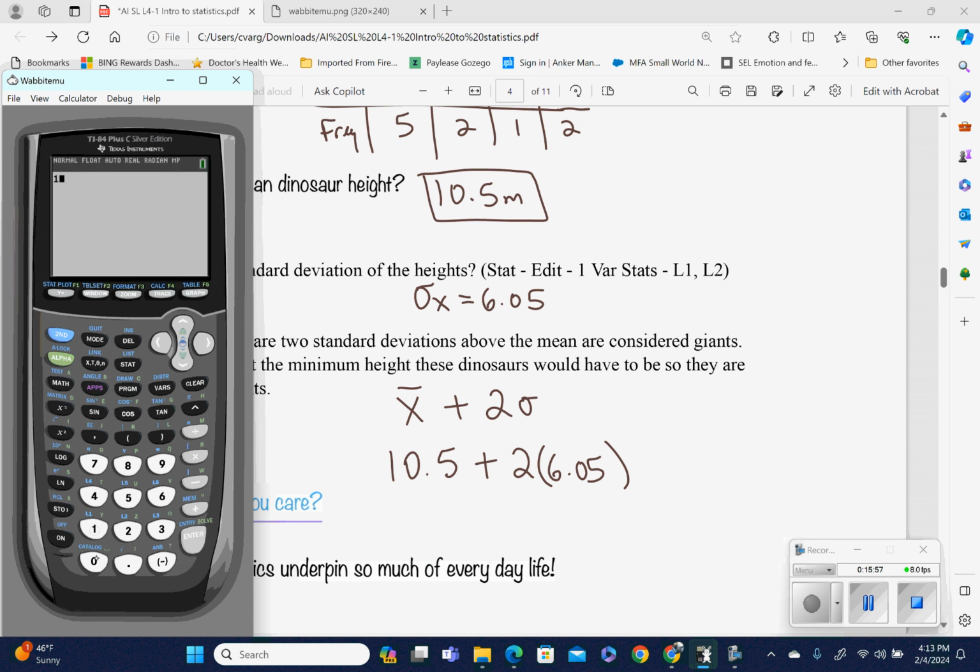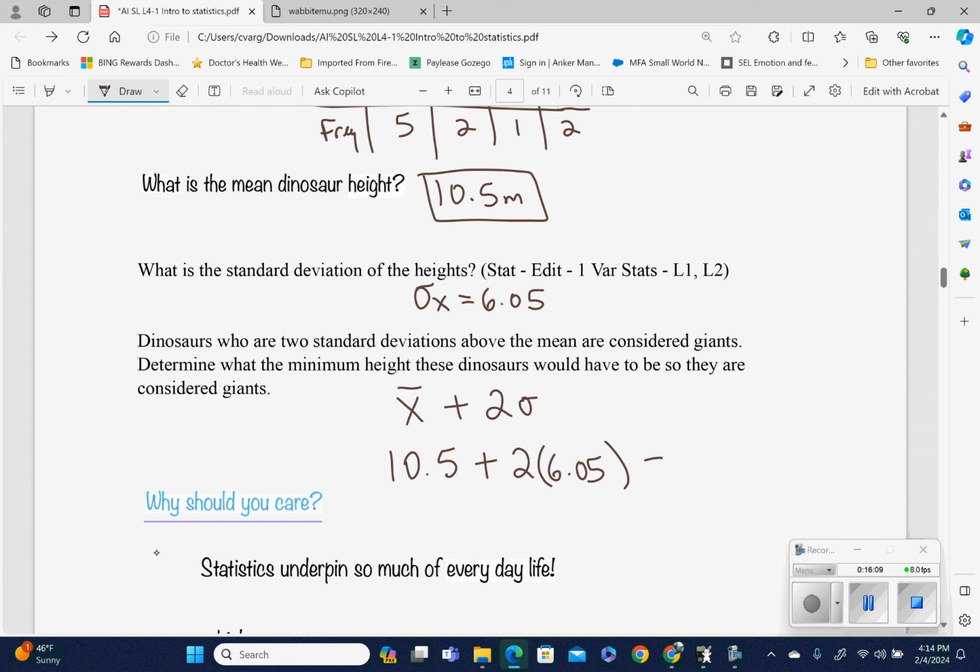So I go 10.5 plus 2 times 6.05. Okay, close those parentheses and hit enter, and we get 22.6. So the minimum height, and this is meters, the 22.6 is the minimum height the dinosaurs would have to be so that they're considered giants.